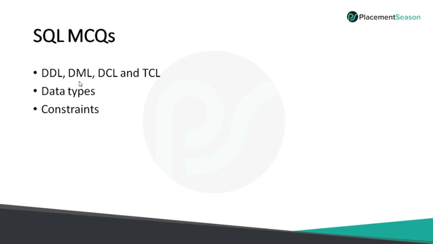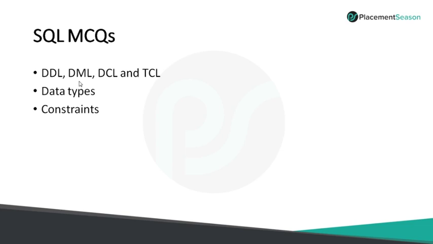Also concentrate on data types like int, varchar, float, date, time, and constraints like primary key, foreign key, unique, distinct. Understand these three major areas and you will get the majority of questions from here.